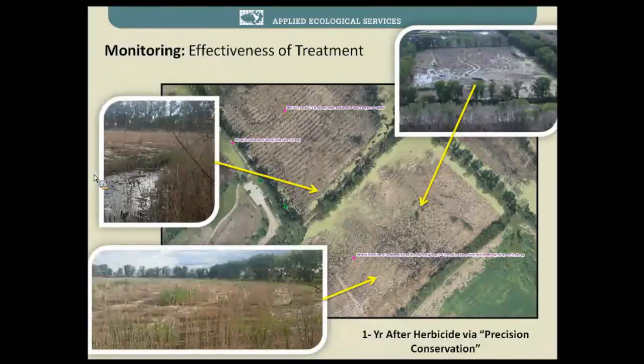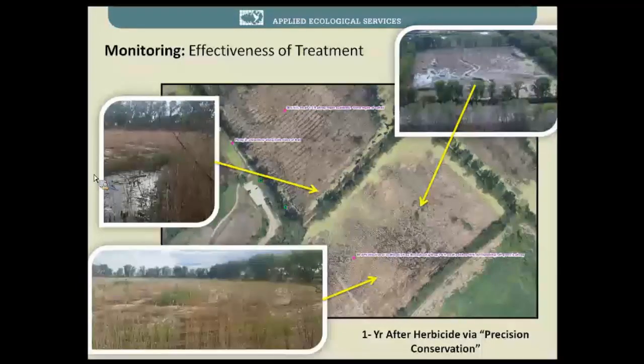I think we've learned that there's management that can be more effective and management that isn't particularly effective, that actually exacerbates the problem. For example, this is looking at sizable landscapes 1 year after a herbicide spraying, where very precise GPS tracking was used, like precision agricultural equipment tracking of where the spraying occurred.